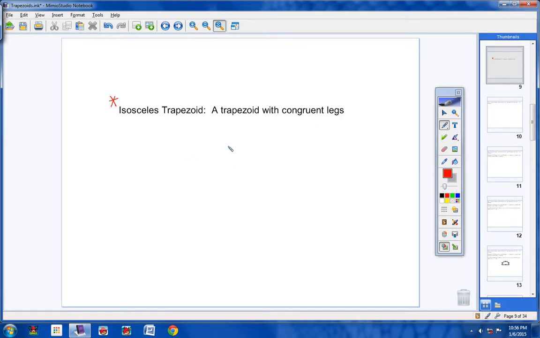So, here's an example of an isosceles trapezoid. Not perfect, but you get the idea, okay? First of all, take some really good notes on this. Here's your one pair of parallel sides. Those are called your bases. Here are your legs right here in black.